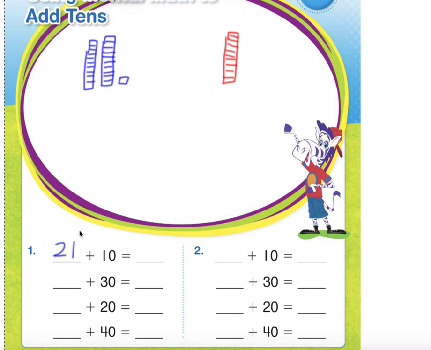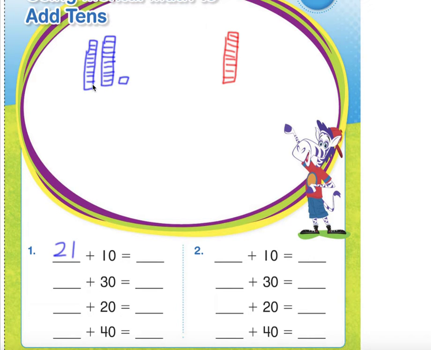All right, so I have a number all picked out for us now. We're going to use the number 21 going straight down, but we're just going to do one at a time. So for the first part, it's going to be 21 plus 10. So make sure you write that 21 on that line. Plus 10 equals, well, I'm not too sure. Now for this part, you do not have to draw any of this.